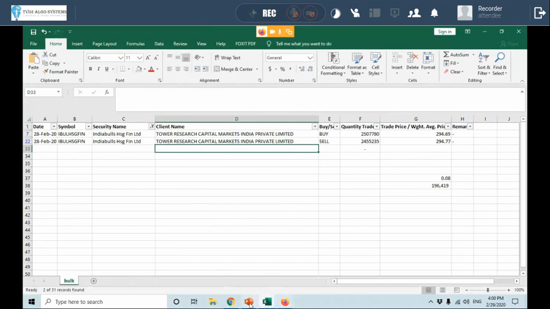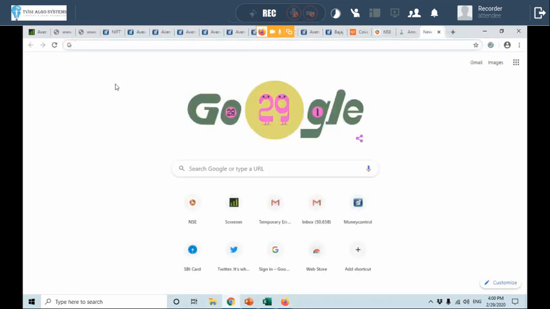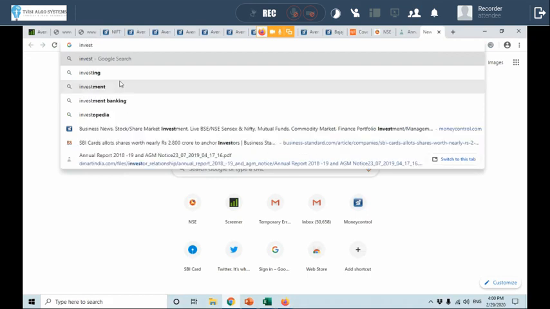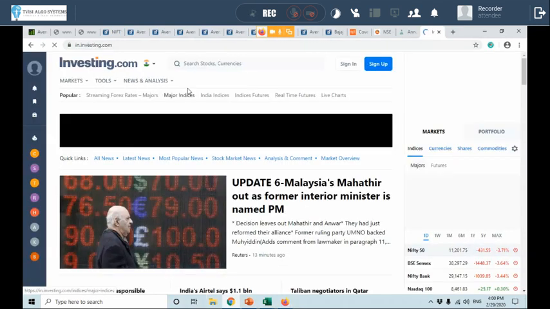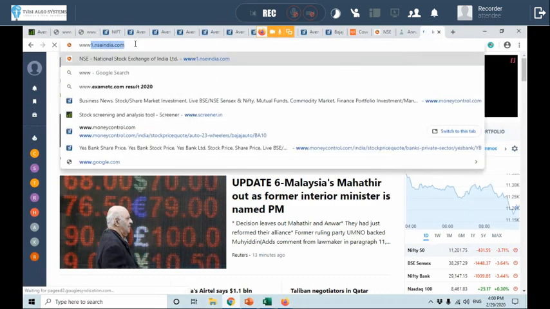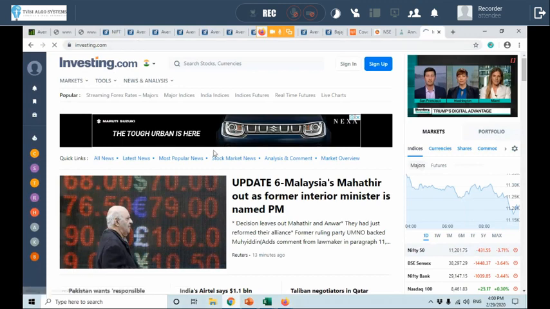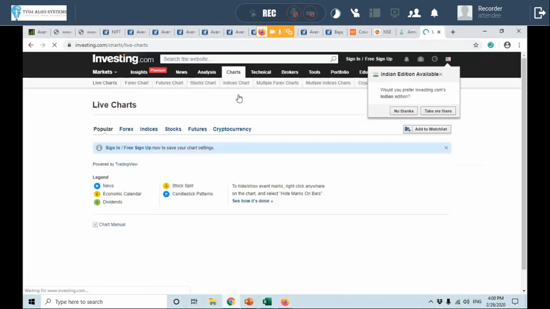If I look at India Bulls Housing Finance, let's go to investing.com. Let's go to the charts.